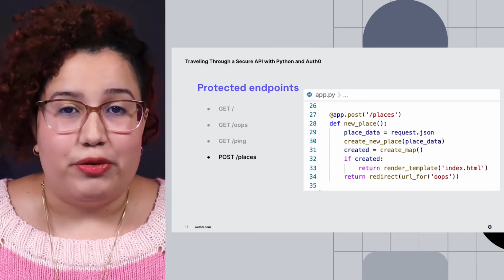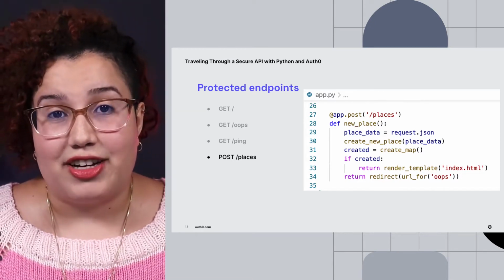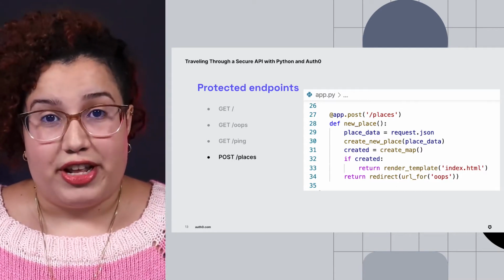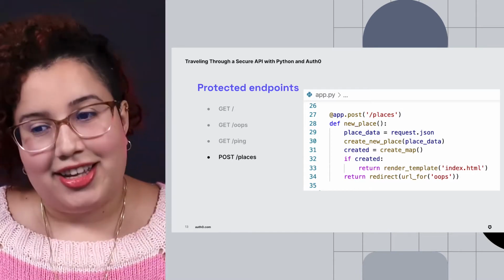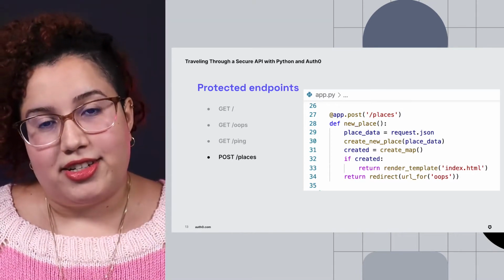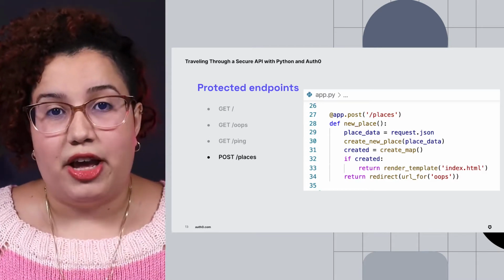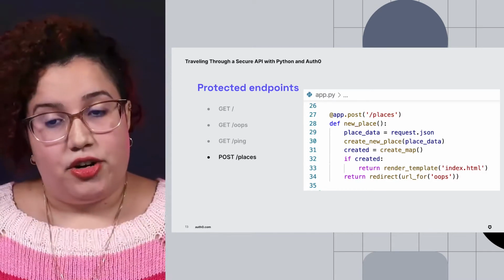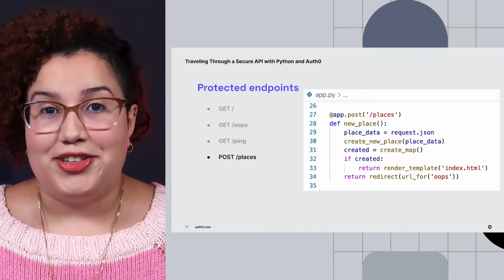After that, it runs the createMap function once more, because that function is going to generate my map with the new data set. And finally, it renders the template, or if something goes wrong in the process, it redirects everybody to the oops endpoint. Now, take note, this endpoint is not protected yet, but we are going to get to that part in a bit.